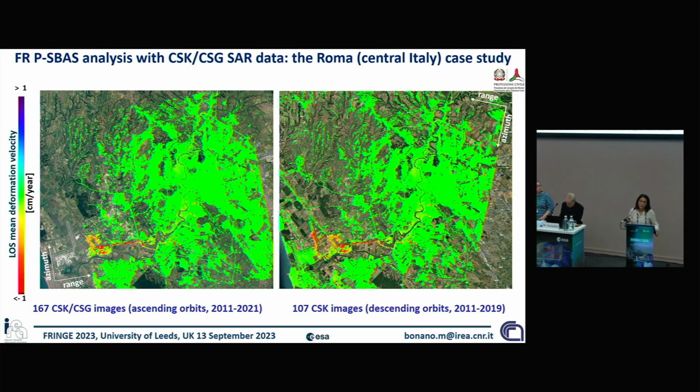Let's move to another data set in Roma, central Italy, the capital of our territory, and we have exploited both ascending and descending orbits, always for the Civil Protection Department within the agreement between IREA and the Civil Protection Department, but in this case with another intent, that was the writing of the guideline for the use of DInSAR measurements for the good interpretation of the deformation for built-up environment analysis.